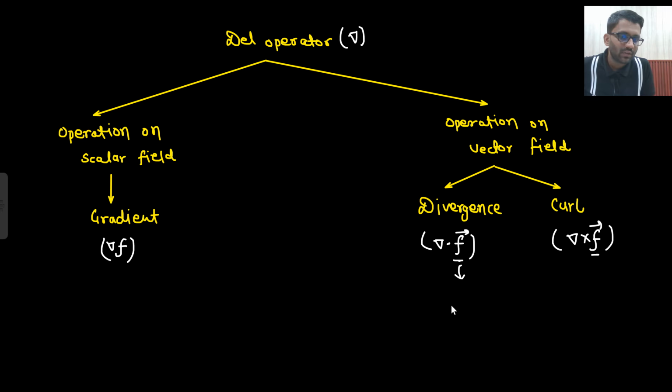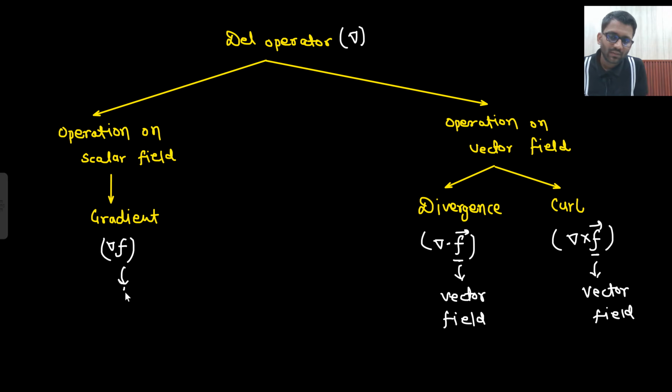So this is your vector field, vector field function you can say, and this will also be your vector field, and this is your scalar field. Now let me know what this quantity will be, the result. Del f I am asking. Just now I told you it will be a vector quantity.